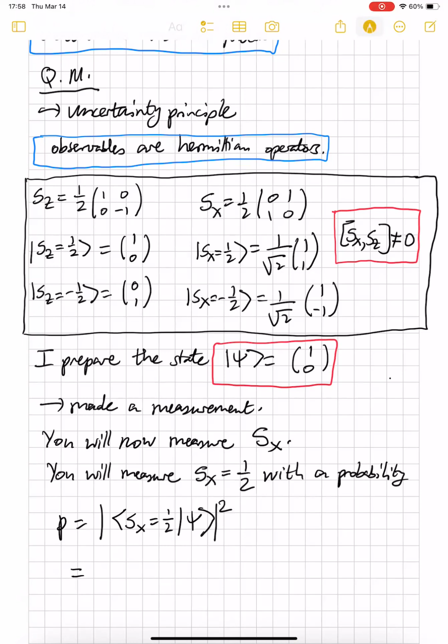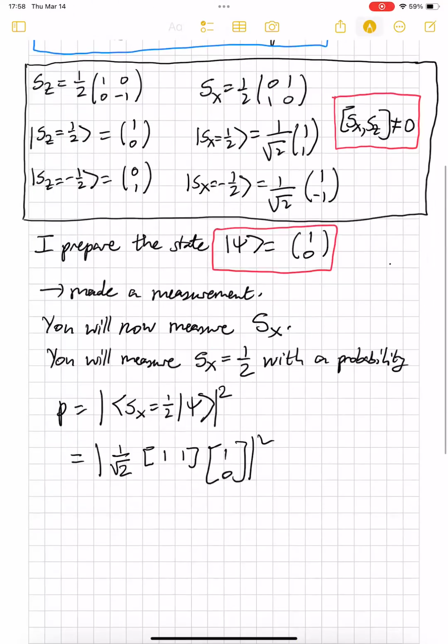And we can easily calculate that. We have all of the states here. So the bra with Sx equal to 1/2 is 1 over square root of 2 times (1, 1), the transpose of the state. And then I need to put in psi, which is (1, 0). So let's see what that is.